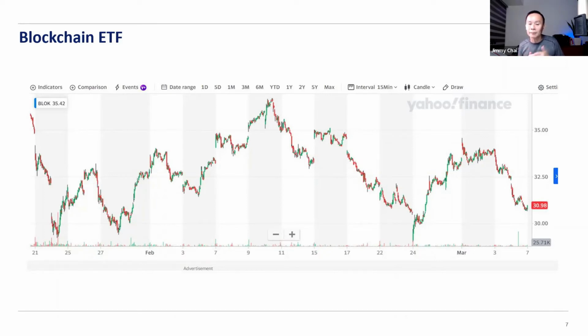The only difference is that when you invest in Bitcoin, you are investing in tokens, in coins, whereas if you invest in blockchain, you're investing in technologies. And these are the companies that you actually invest into. So the ETF is thematic, right? This is how you can actually get a piece of the action if you love to be in blockchain investment itself. So this is an example of what I'm trying to convey.